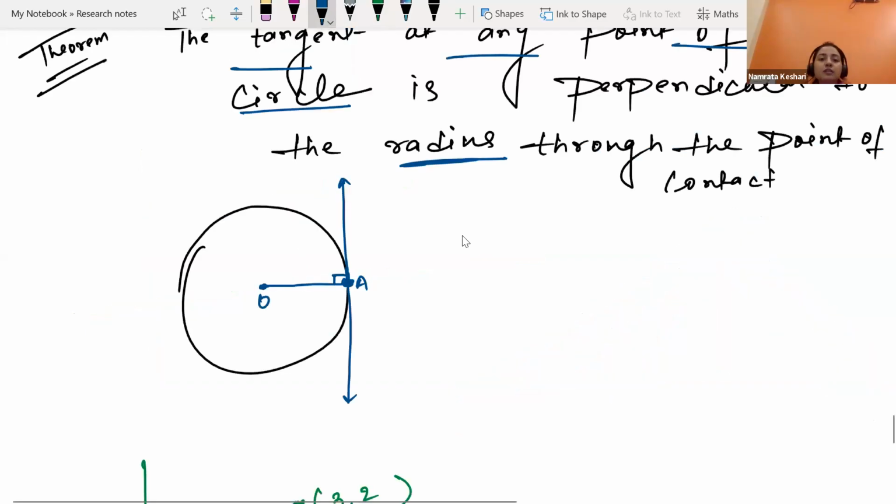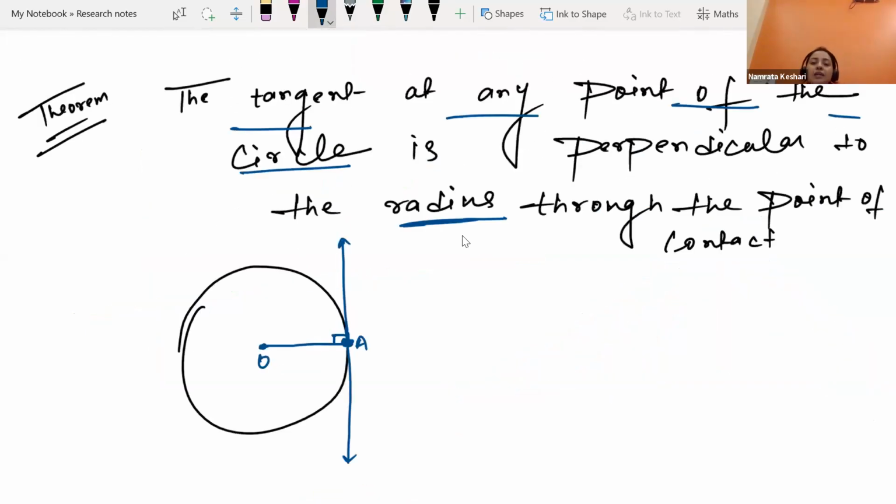Let's get back to our theorem. The tangent at any point of the circle is perpendicular to the radius through the point of contact. We are trying to prove that this OA is perpendicular to this PQ. We don't know whether it is perpendicular or not.